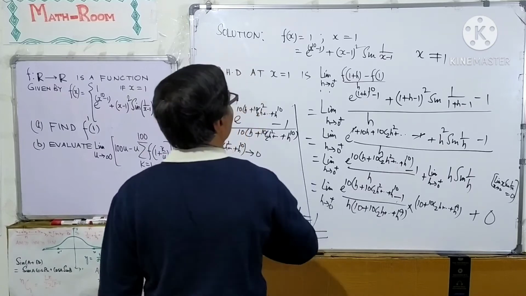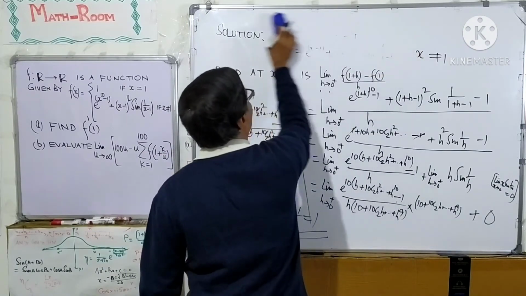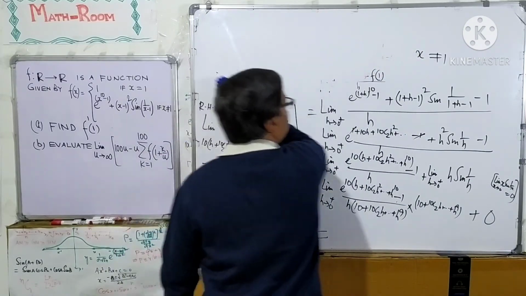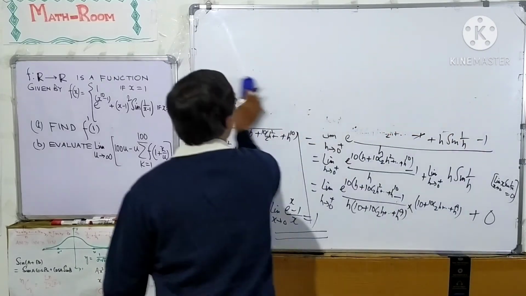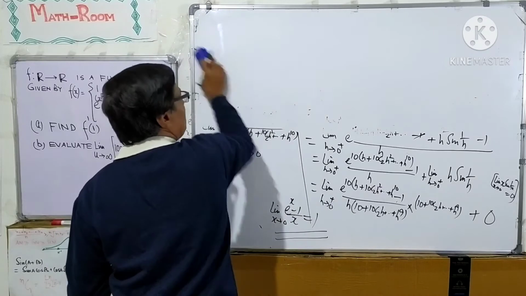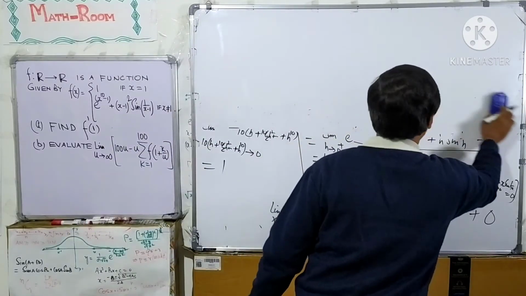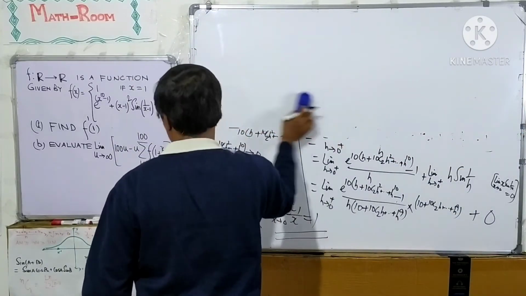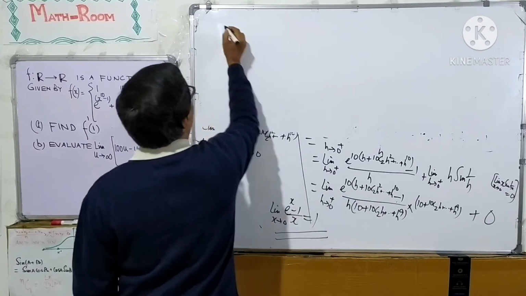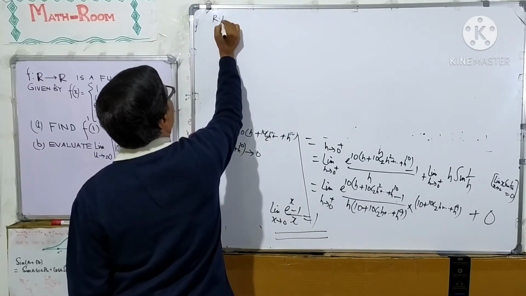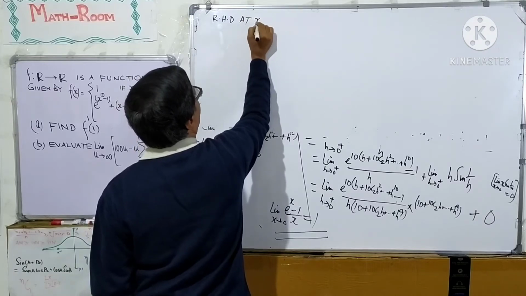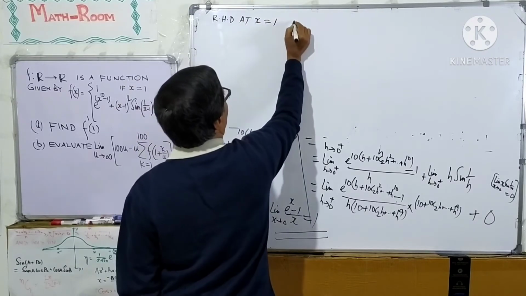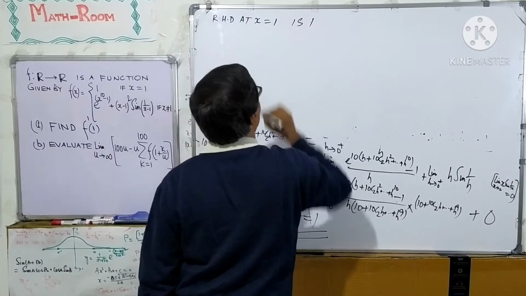So, the right hand derivative at x equal to 1 is 1.